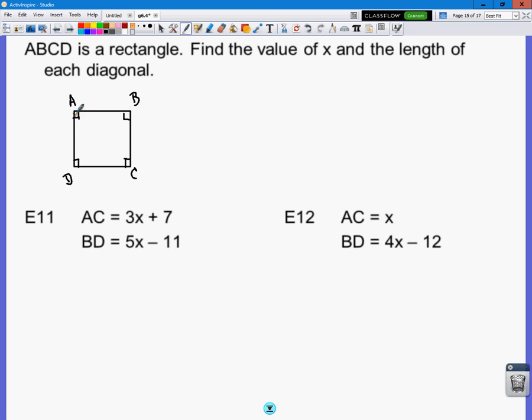They said from A to C, this whole length was 3x plus 7. They said from D to B, this whole length was 5x minus 11. But what can you tell me about the distance from A to C and the distance from D to B? They have to be the same. If it's a rectangle, the diagonals will be congruent. So 5x minus 11 has to be equal to 3x plus 7.